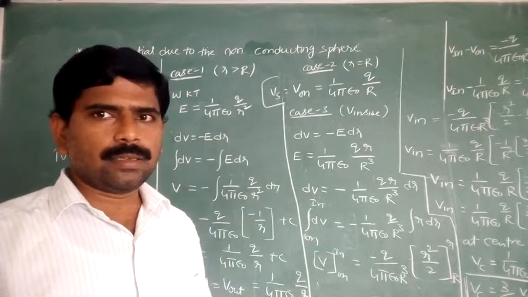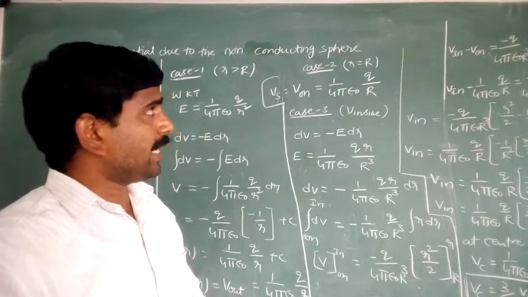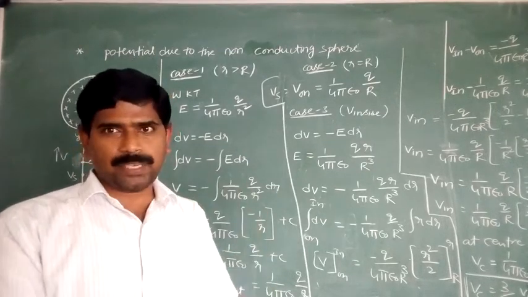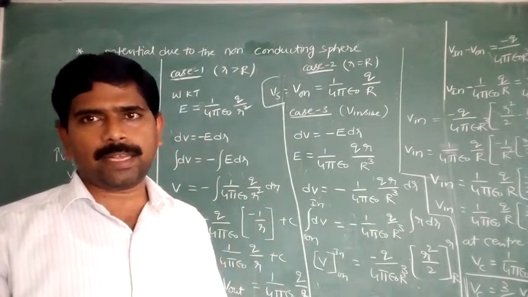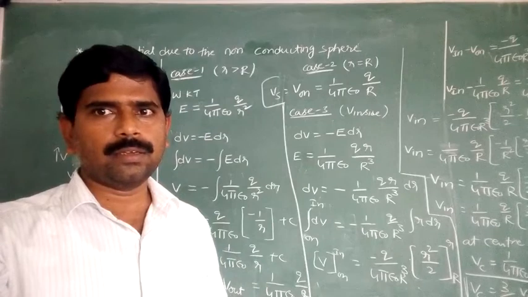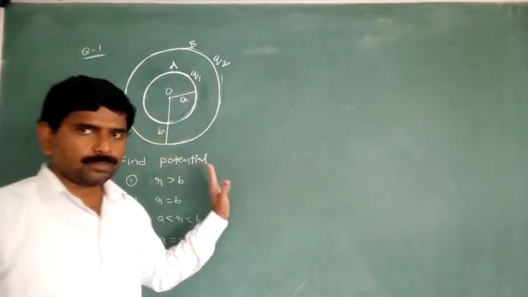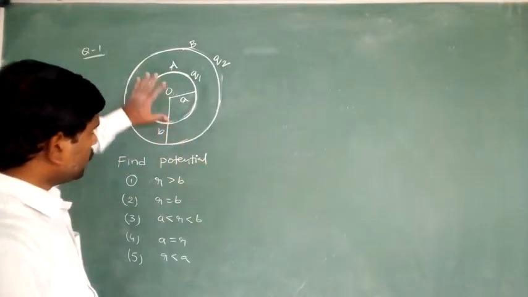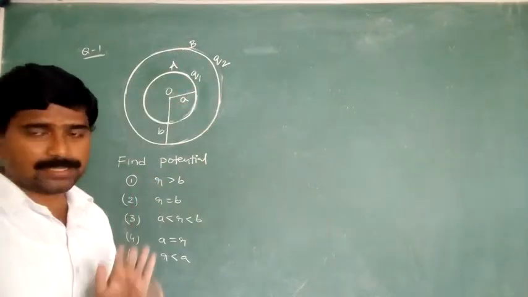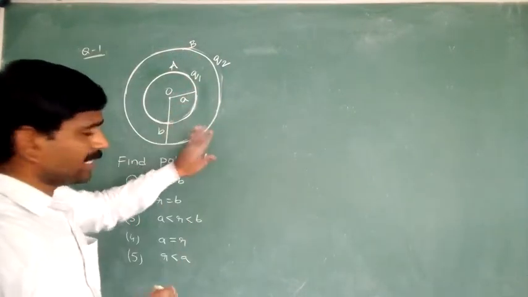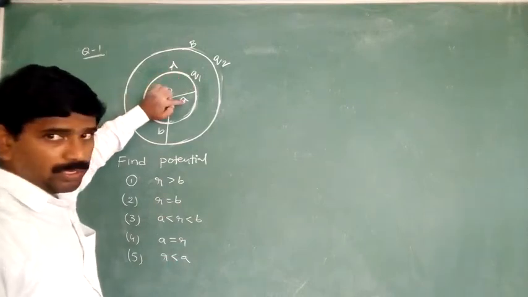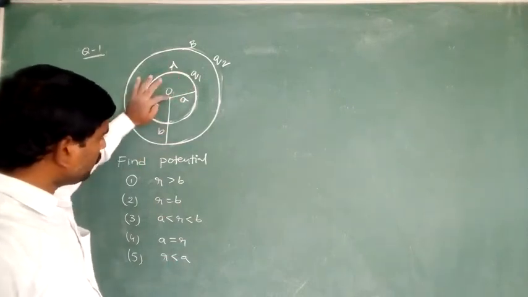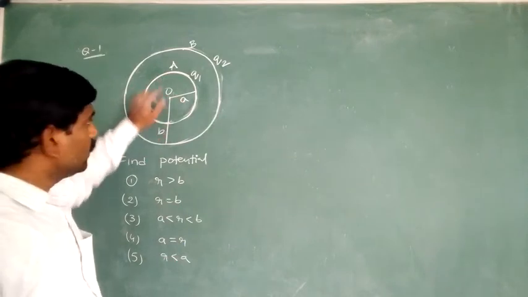So in case of concentric shells, what are the electric potentials? Observe this problem. These two are the concentric shells. The first shell has radius small a and the second shell has radius small b.